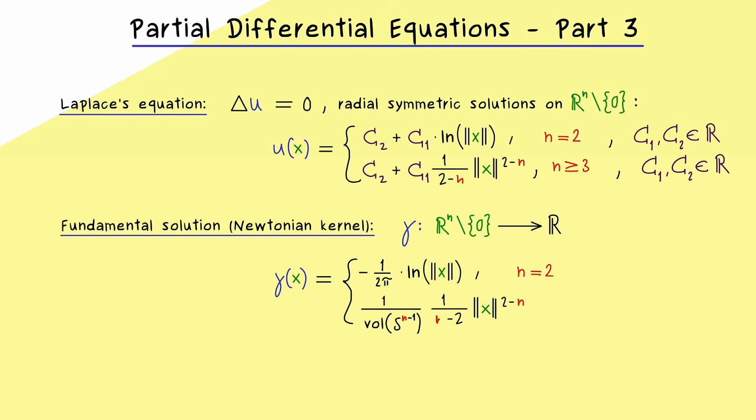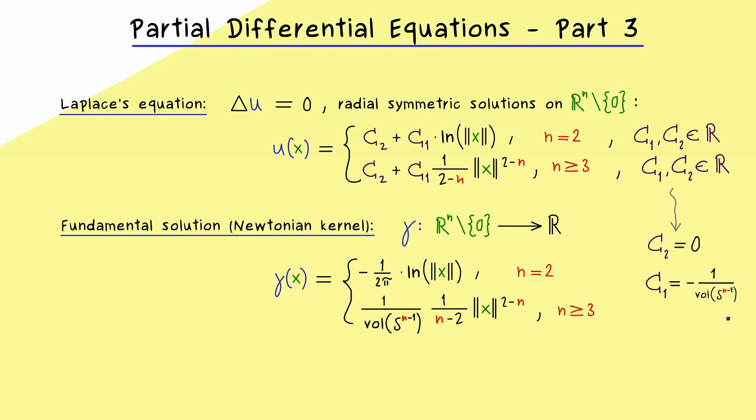Or to make it simple, I can just exchange n and 2 in the difference here. Therefore, what you should recognize in general is that we have a quite simple choice for the constants from before. We completely ignore c2, and for c1 we put in the volume of the n-1 dimensional unit sphere. But we also choose a minus sign there to make it positive around 0.